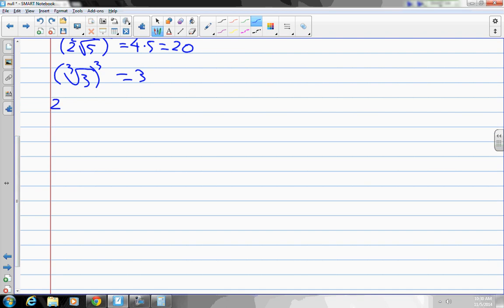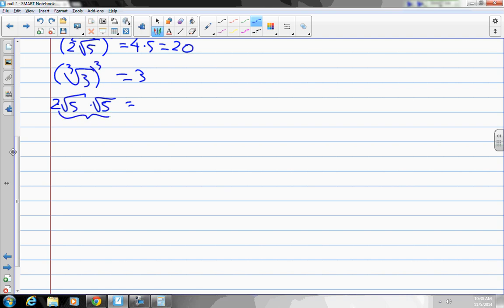If I give you 2 square roots of 5 just times the square root of 5, what would that be? So I have a 2 times square root of 5 times square root of 5.